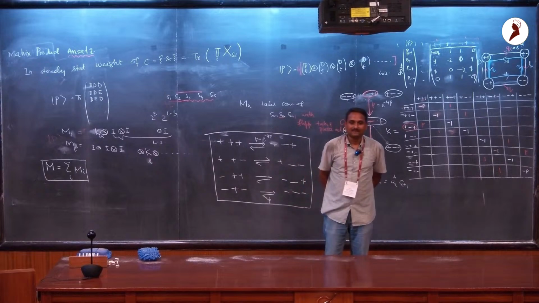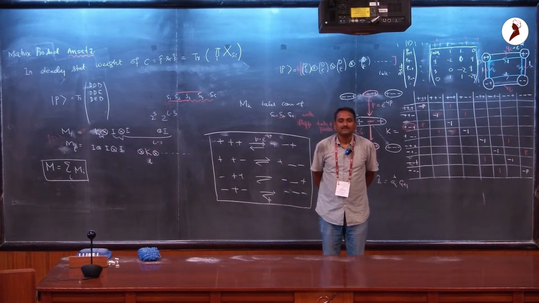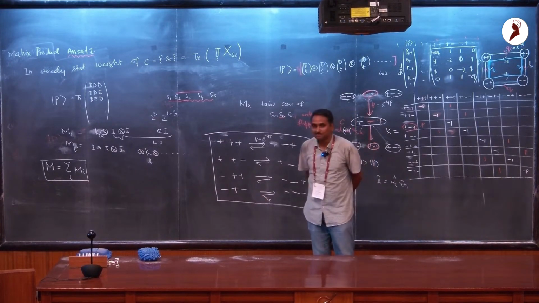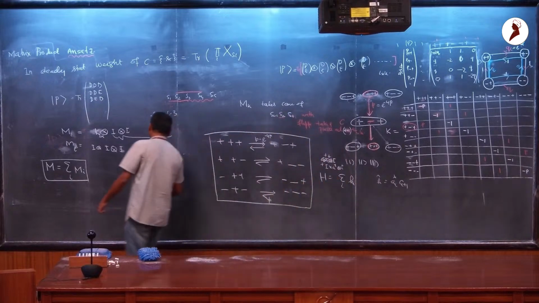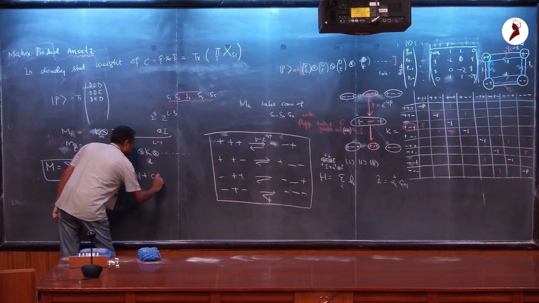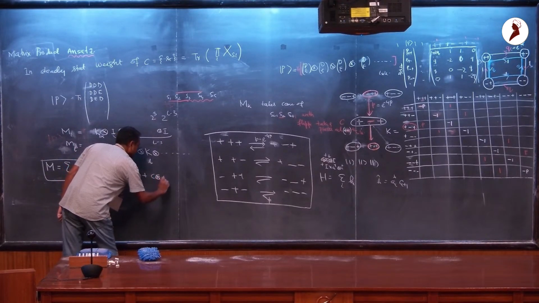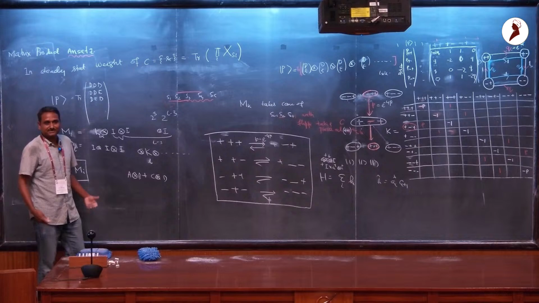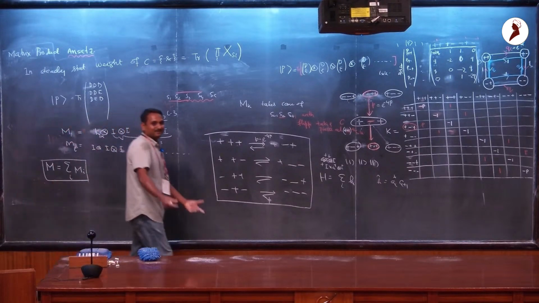So is it true that the resulting matrix M is block diagonal with blocks of K, like K, K, K, K? No, that is a sum. I don't know what (A plus B) cross (C plus D) is. A cross B plus A cross D plus C cross B plus C cross D. How can you write it in terms of some other factors? That is the whole thing called entanglement.